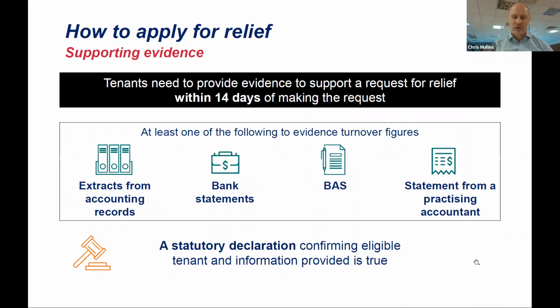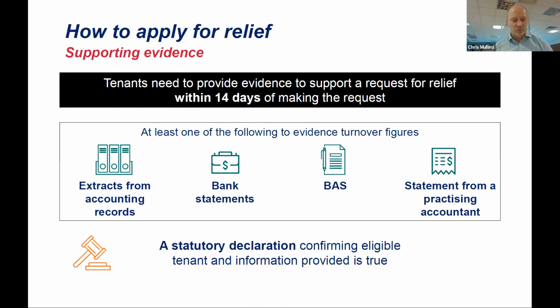Once the tenant has served the request to the landlord in that written format, the tenant then has a further 14 days to provide further evidence in support of their request for relief. And as part of that supporting evidence, the tenant needs to provide either one of the following as evidence of their turnover figures and that they have met the decline in turnover test.